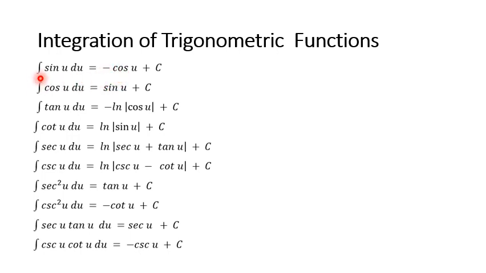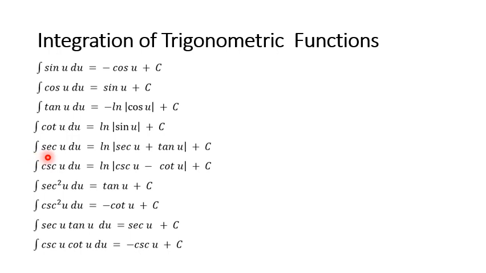The derivative. So, if we have integration of sine u du, this is equal to negative cos u plus c. If we have integration of cos u du, this is equal to sine u plus c. And if we have integration of tan u du, this is equal to negative ln absolute value of cosine u plus c. And if we have integration of cot u du, it is equal to ln absolute value of sine u plus c.